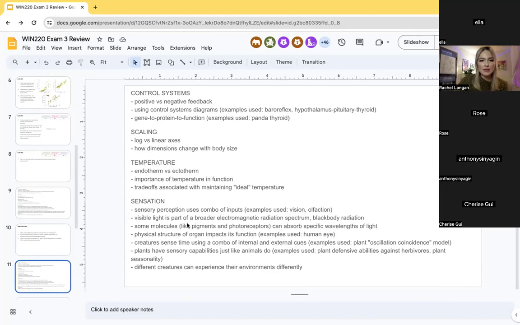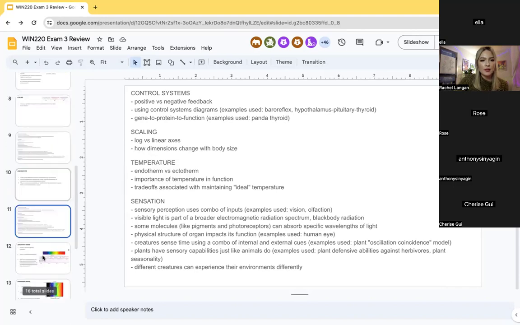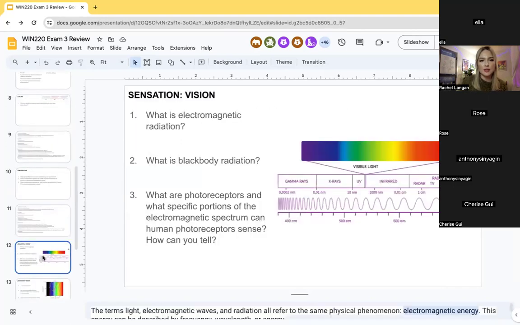So then the last big topic is sensation. For sensation, we're going to focus on vision. So you need to know what electromagnetic radiation is and black body radiation, not because you're going to be asked to define those on the test, but it's going to be helpful to understand what these things are in order to know what's going on with vision.